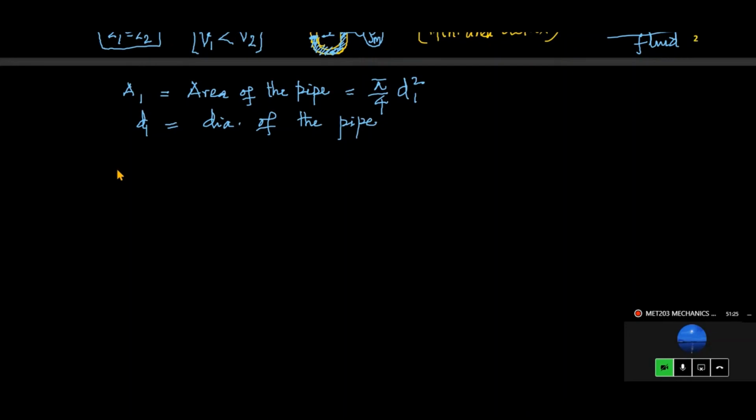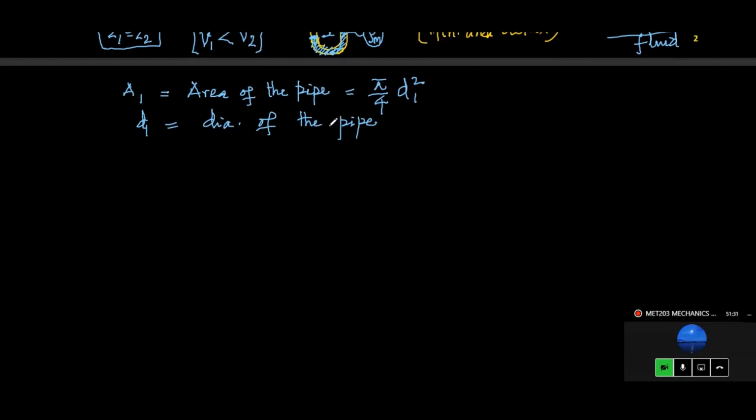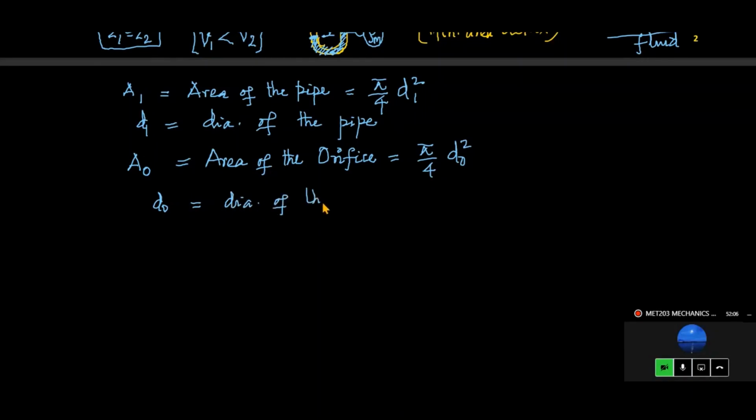But instead of A2, I am going to represent that section by A0. So this is the area of the orifice. That is a difference here. Area of the orifice is pi by 4 into D0 square, where D0 is the diameter of the orifice.